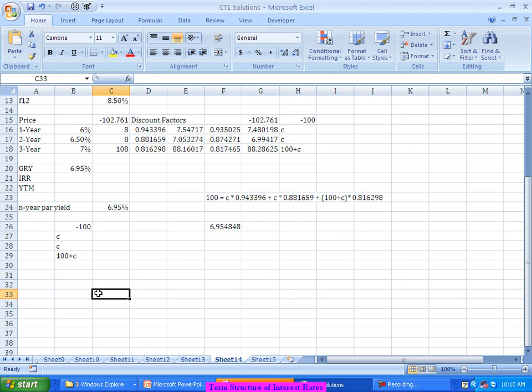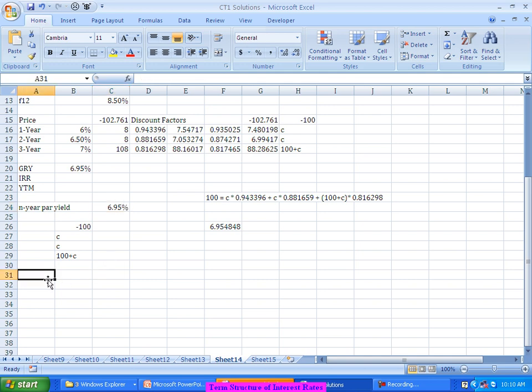That particular coupon payment that has to be done every year, so that the bond can be purchased at par itself, given the various spot rates for different periods. And what you are observing as a very simplified scenario is it is in line with your gross redemption yield itself.